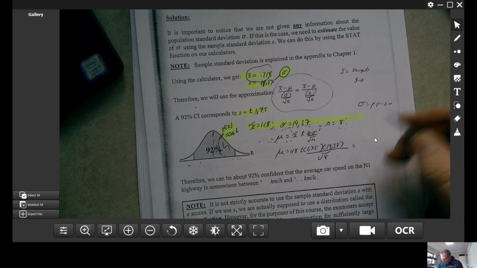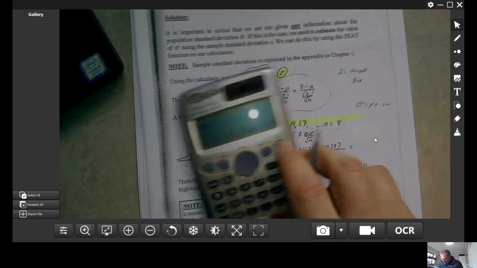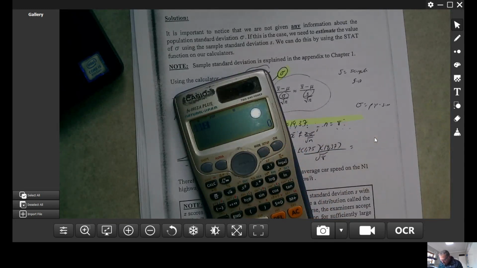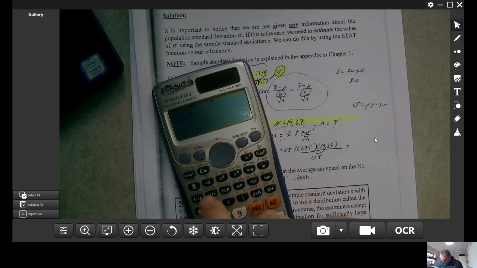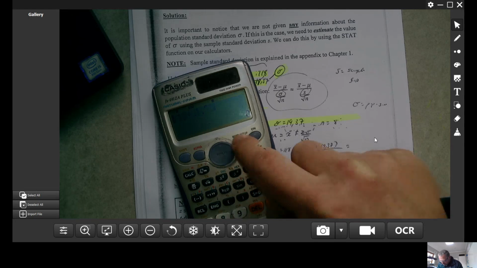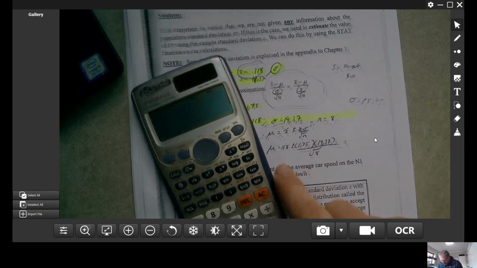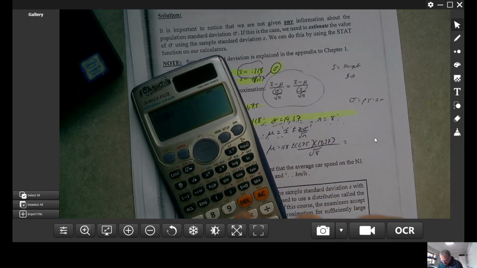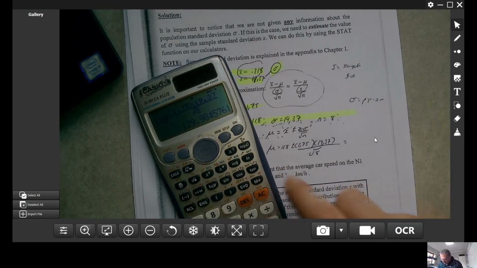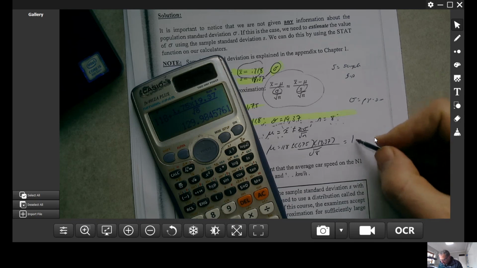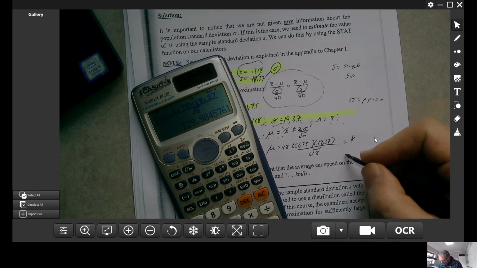I would think we'd get pretty big boundaries. So you're going to go 118 plus 1.75 times 19.37 over root 8 equals, and I get 129.98 as my upper boundary.